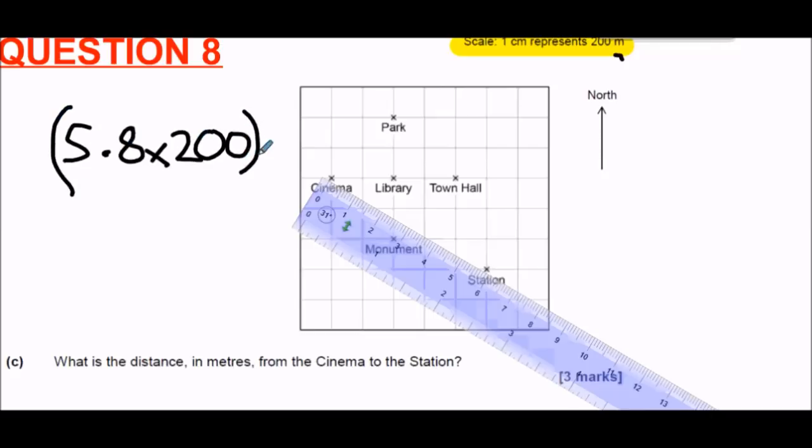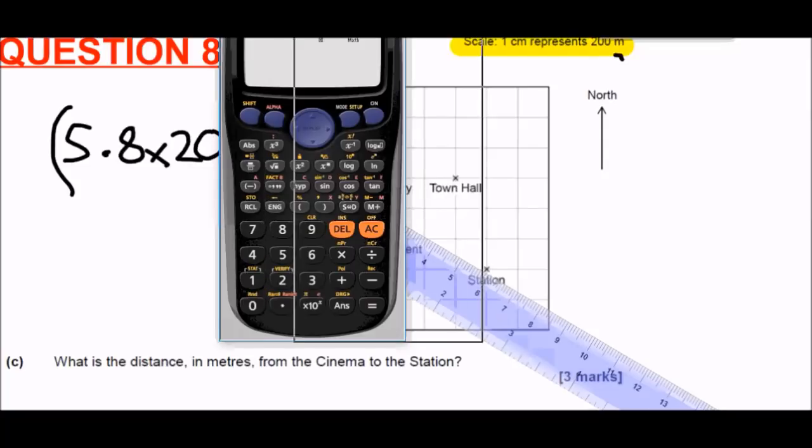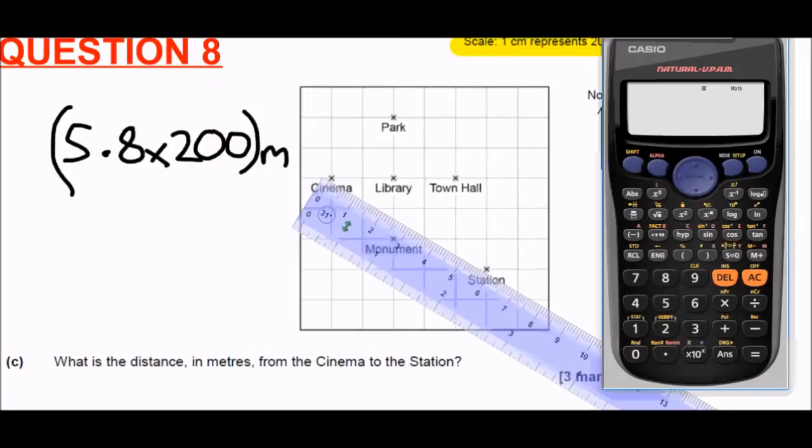And so time to bust out the calculator. So get the calculator up and ready, and let's fire away. So what we have is 5.8 times 200 equals, and your answer should be in the region of 1160, or very close to 1160 meters.